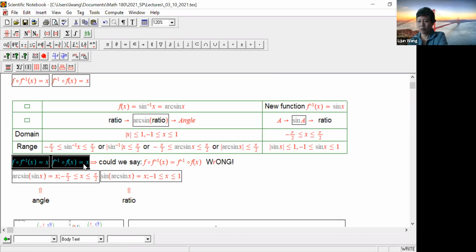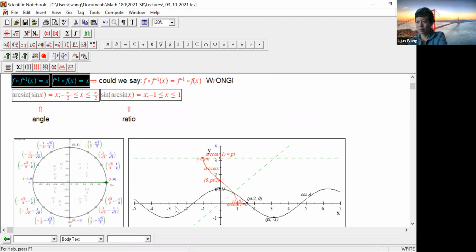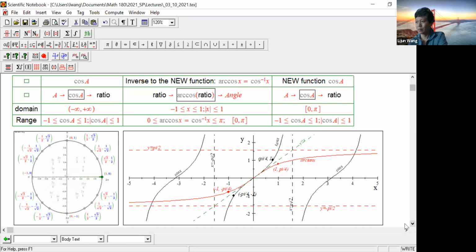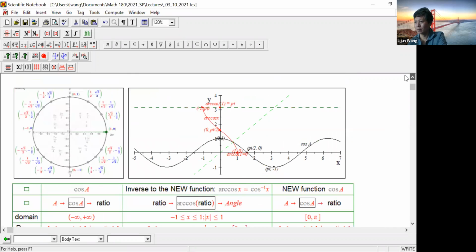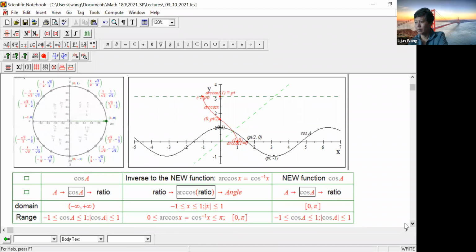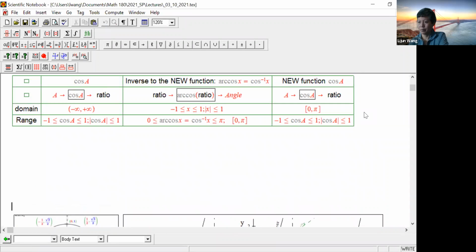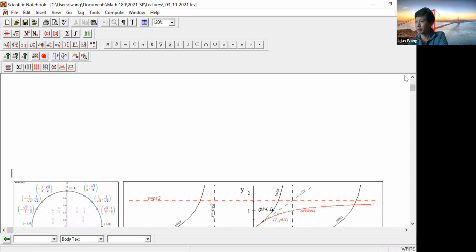For cosine and arc cosine, the same property still applies. Over here, the same property applies.